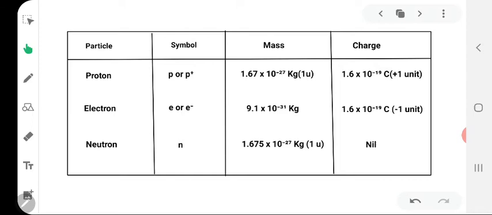Protons and neutrons present in the nucleus of an atom determine its mass. Talking about the composition of an atom, we can say that an atom is electrically neutral, that is, it has no charge. In an atom, protons and neutrons are present in the nucleus and electrons in the extranuclear portion.